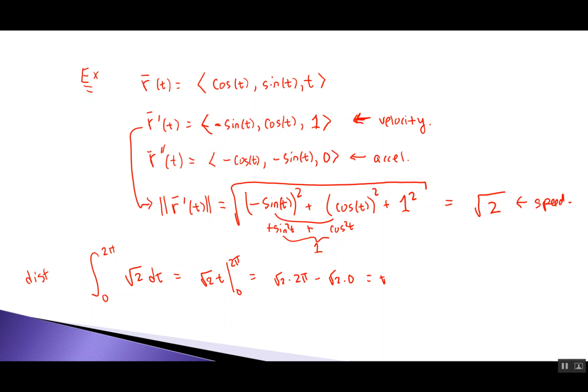So 2 square root 2 pi is distance traveled from time equals 0 to time equals 2 pi. So that's all you have to do, just the same way you would probably expect to do it if you had seen these and not had me tell you anything.